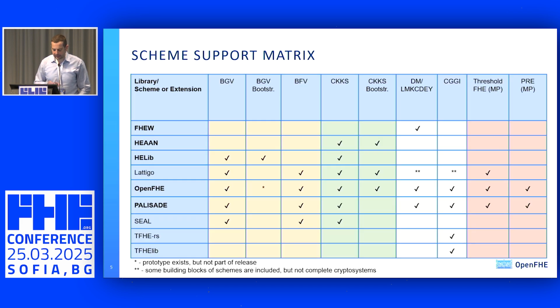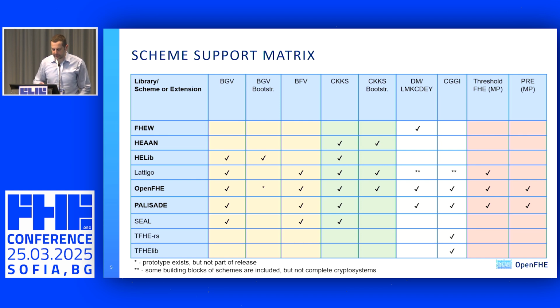And again, at a very high level, the main idea of OpenFHE, I would say one of the main ideas, is to try to be inclusive, try to include various schemes, various capabilities, leaving it up to the developer, the user, to choose which scheme works best for their application.